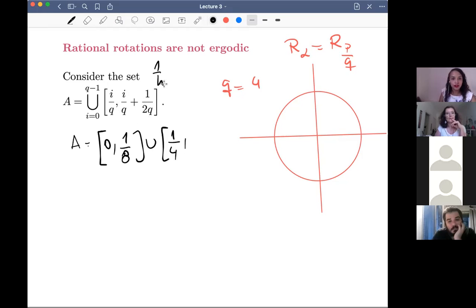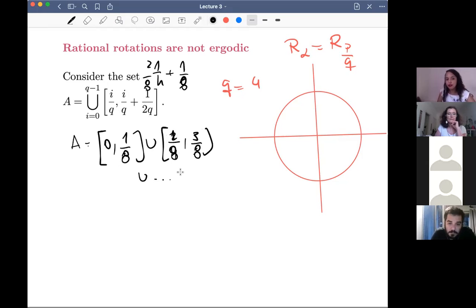So it's 1 over 4 plus 1 over 8, but 1 over 4 is 2 over 8. So this is 3 over 8. This is 2 over 8. And then so on. What we have is 4 arcs that are the following. The first one, let's say 0 to 1 over 8.